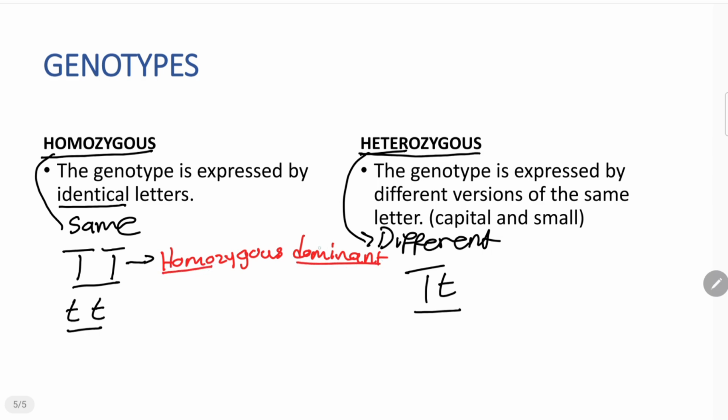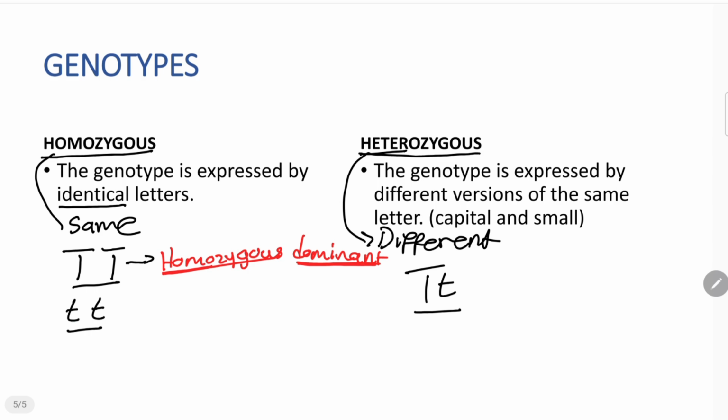When we talk about an allele that is dominant, we use capital letters. So the fact that we use two capital letter T's tells us that, number one, it is homozygous, and the fact that they are both capital letters tells us that they are dominant. So when we describe this genotype, we say it is homozygous dominant.